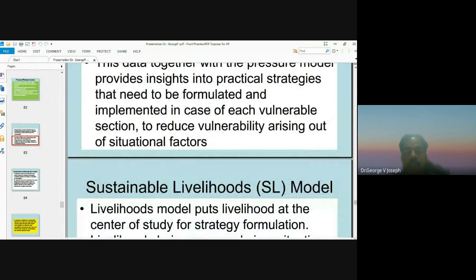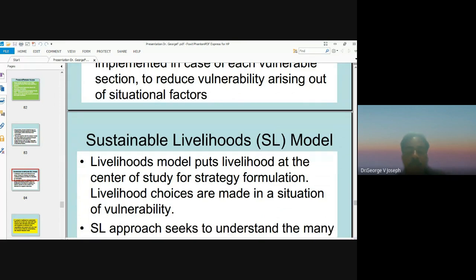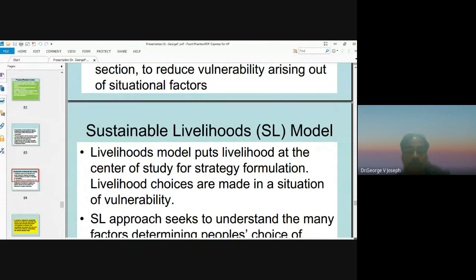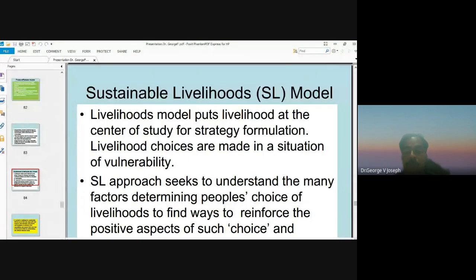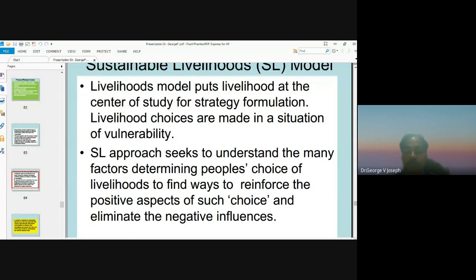Then there is also the sustainable livelihood model. The livelihoods model puts livelihood at the center of study for strategy formulation. Livelihood choices are made in a situation of vulnerability. The approach seeks to understand the many factors determining people's choice of livelihood, to find ways to reinforce the positive aspects.